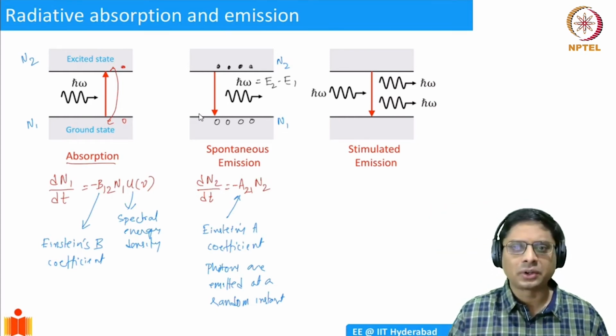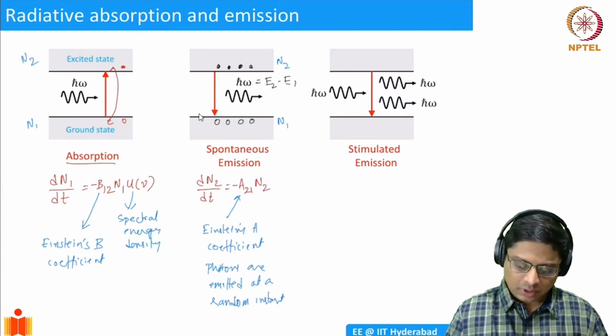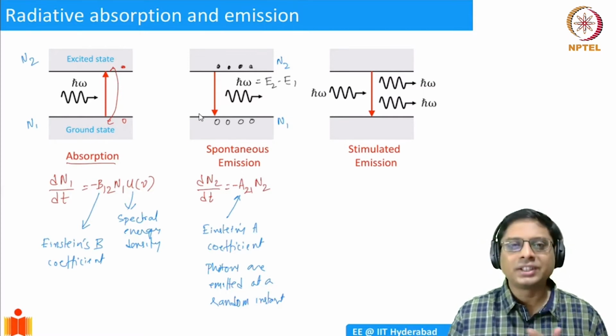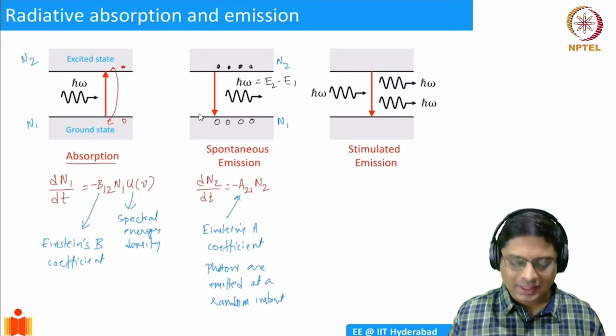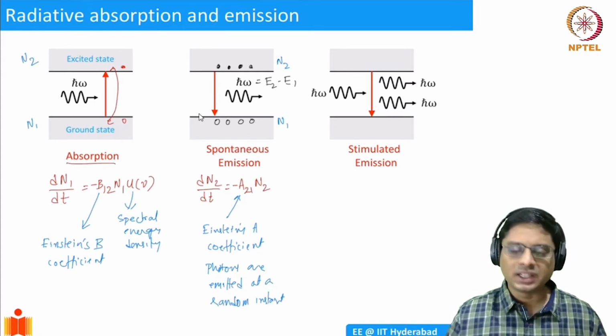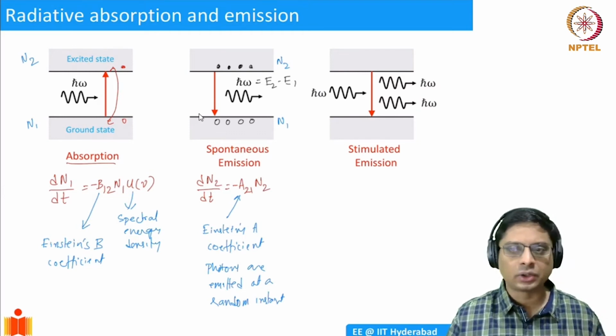We will talk about that in a short while. So this is the spontaneous emission process, which is the second fundamental process in any material. It does not have to be only semiconductors. It could be even gases and so on. Anywhere you can model a system as a two-level system, lower state and a higher state, these laws will hold.